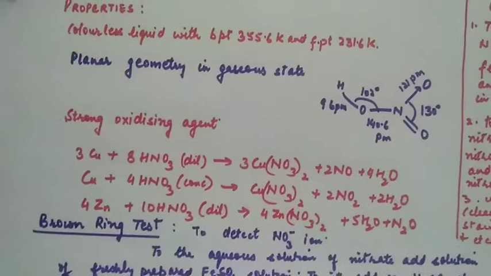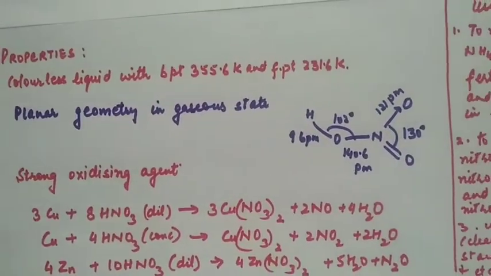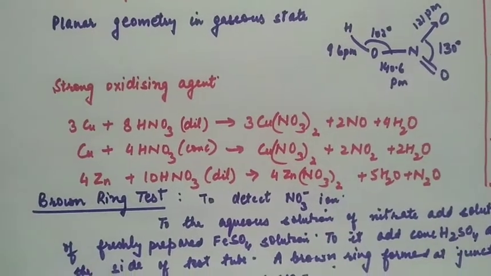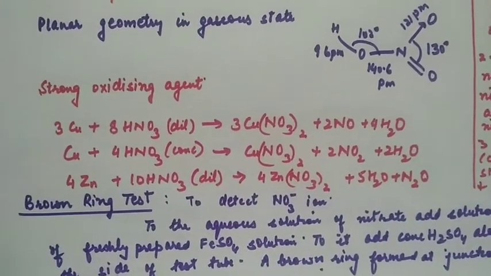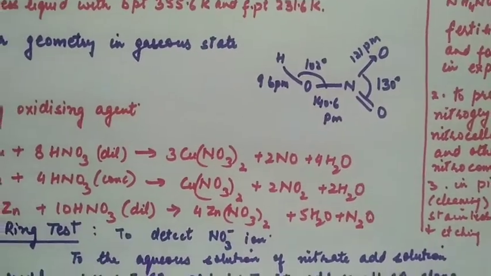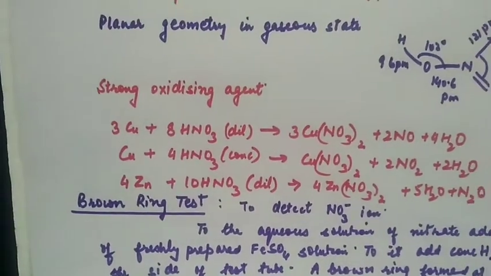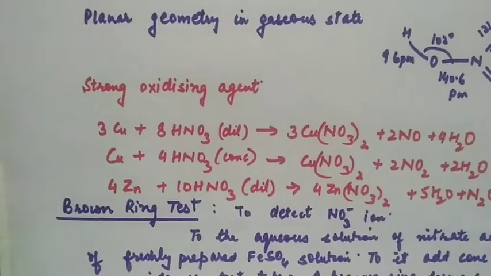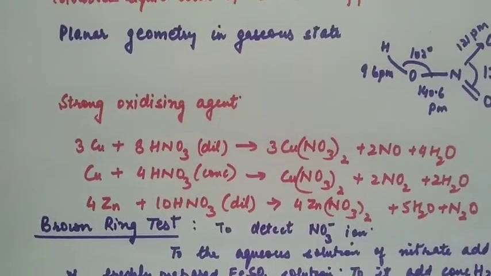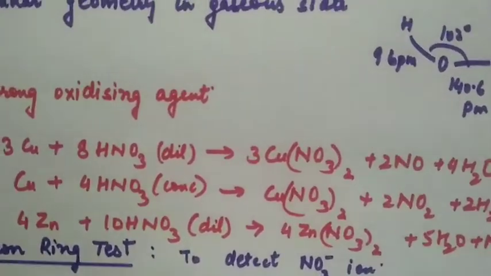Chemical properties. Nitric acid is a strong acid and a strong oxidizing agent. It can oxidize all sorts of metals that are more electropositive than hydrogen, less electropositive than hydrogen, even noble metals. Less reactive metals like copper give different products with different concentrations of nitric acid.